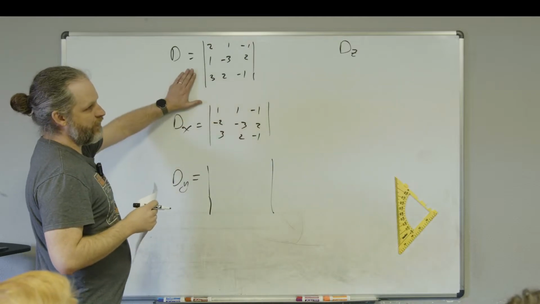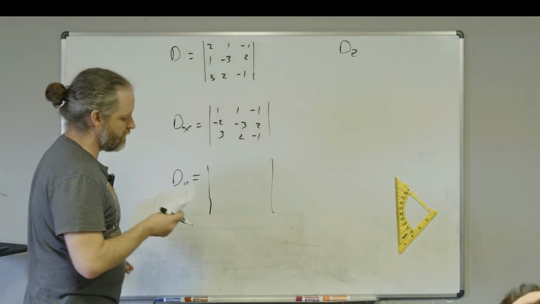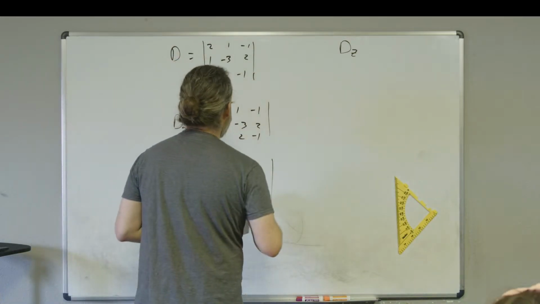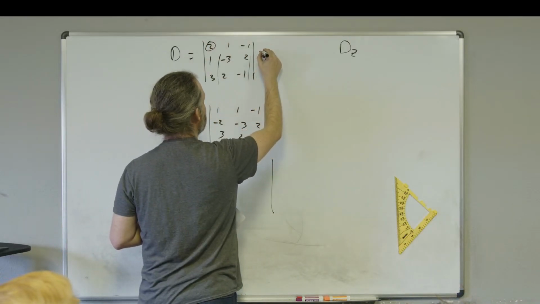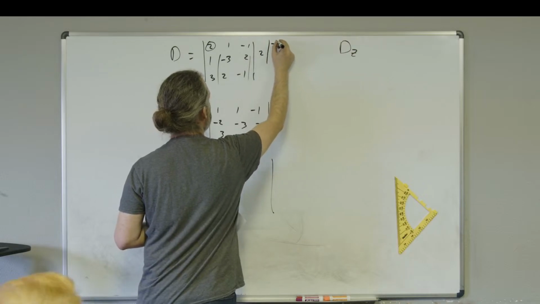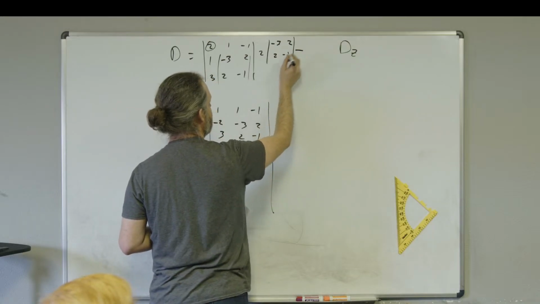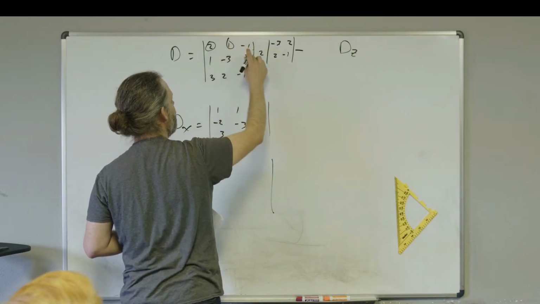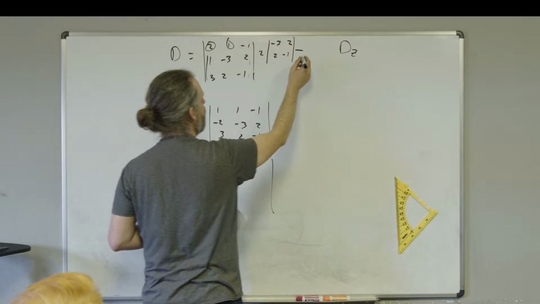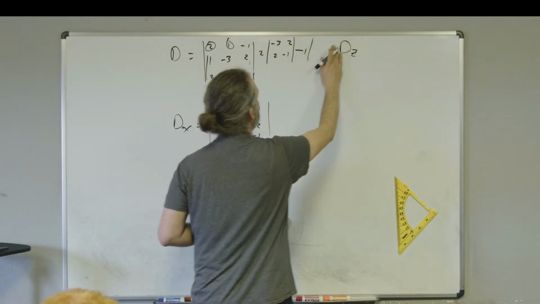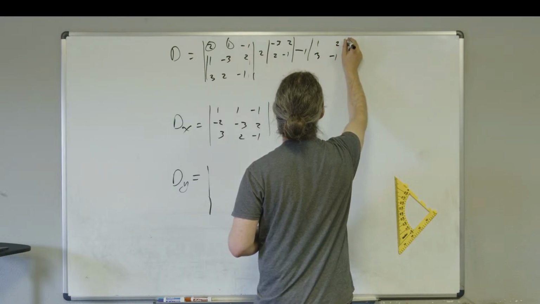To find the determinant of a 3 by 3 matrix, at least using the method that we learned in this class, there's the other method where we do a bunch of diagonals, you do this number times this determinant, right? So 2 times the determinant of negative 3, 2, 2, negative 1. And then we change the sign in the middle, so we subtract this one times this determinant without this middle one, so minus 1 times the determinant of 1, 2, 3, negative 1.